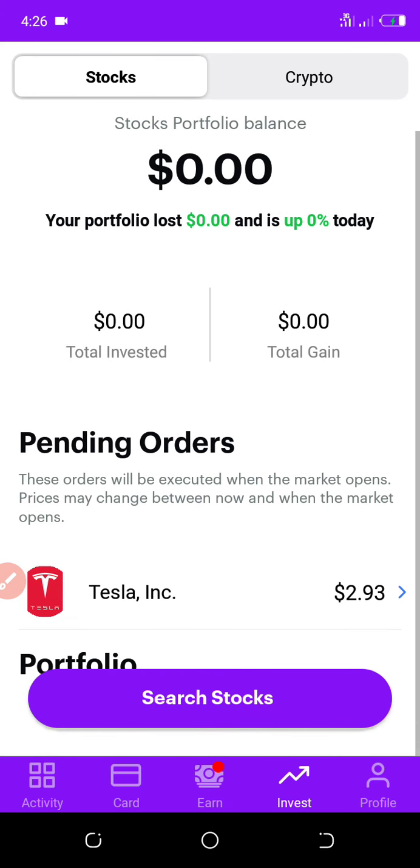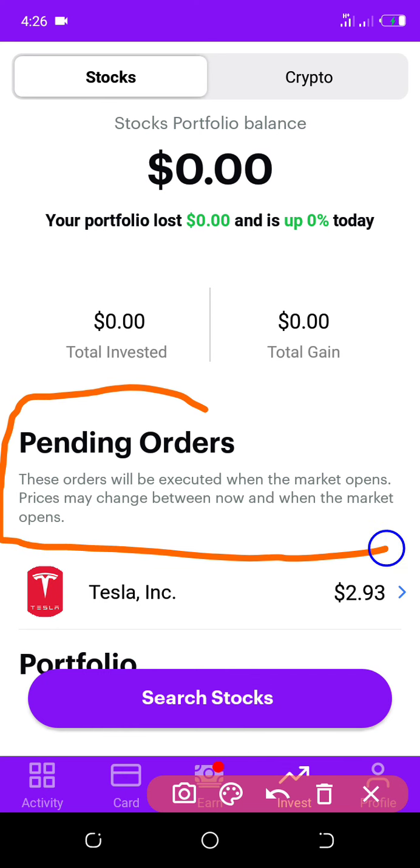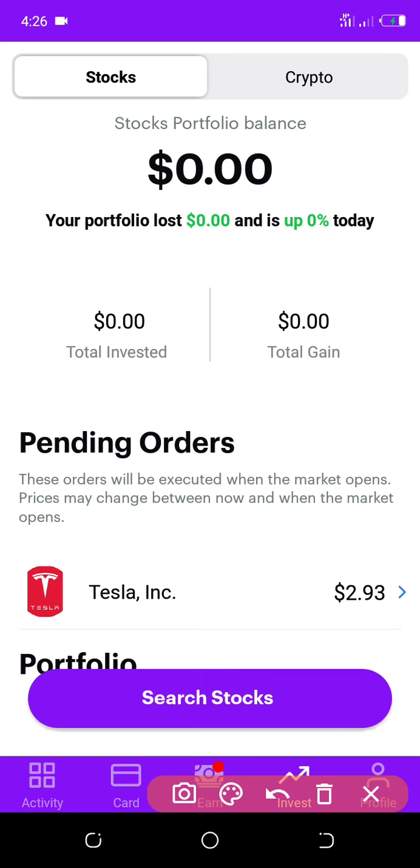As you can see, I have bought my share and it is now here on pending. As you can read here, it says pending orders. These orders will be executed when the market opens. Prices may change between now and when the market opens. So this is the amount I invested.